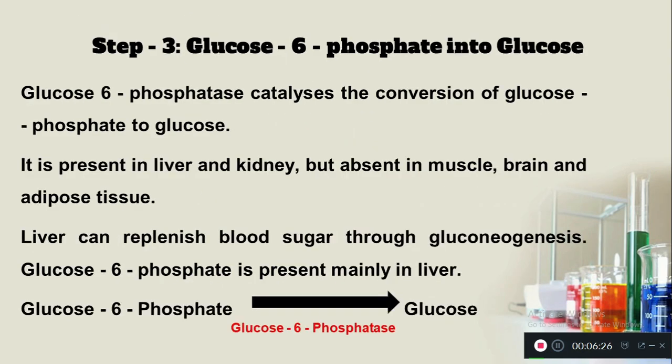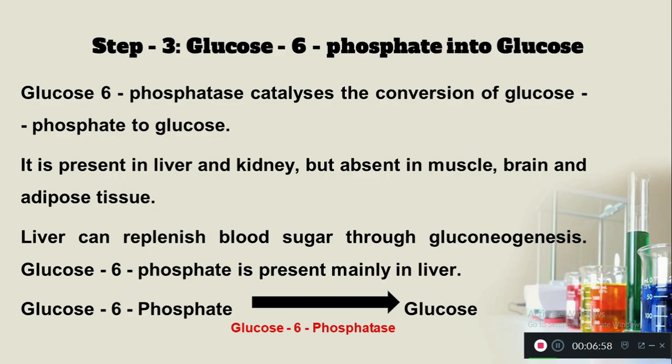The next step, the last step, the glucose 6 phosphate, which is produced in the second step, will be converted into glucose. So these are irreversible reactions which take place in the glycolysis. Now what is happening? The enzyme glucose 6 phosphatase will catalyze the glucose 6 phosphate for its conversion into glucose.